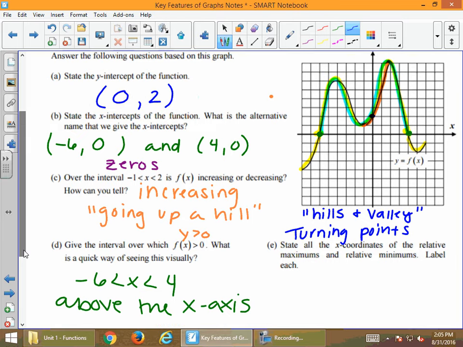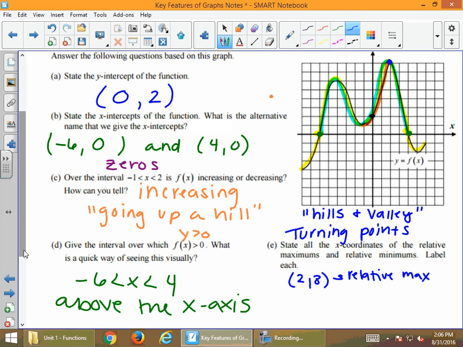So if we look, where is the top of the hill? What point? What is it? 2, 8. If it's the top of a hill, is it a max or a min? We're going to call this a relative max. Where's the other top of the hill? What other point?